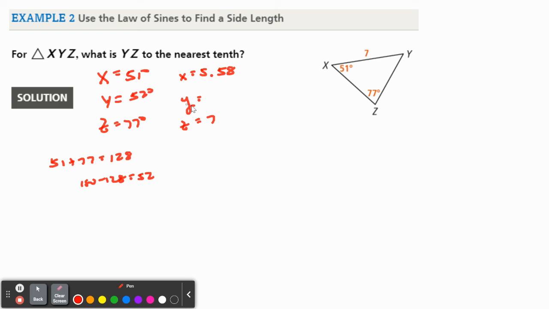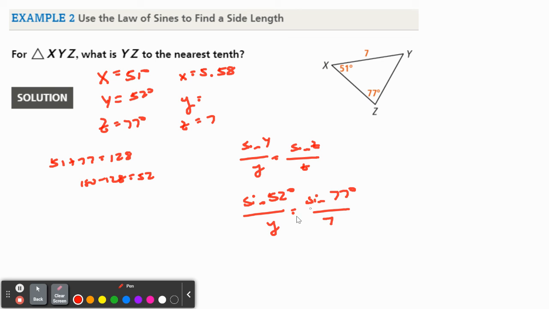And now I use the law of sines again to find side y. So I'm going to do sine of Y over y equals, and because I found x and rounded, I'm not going to use x, I'm going to use the Z's again. Sine of Z over z. So that is sine of 52 degrees over y equals sine of 77 degrees over 7.